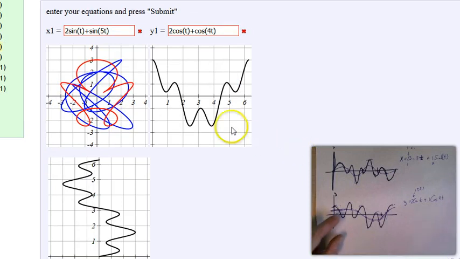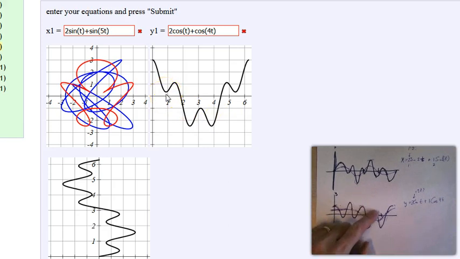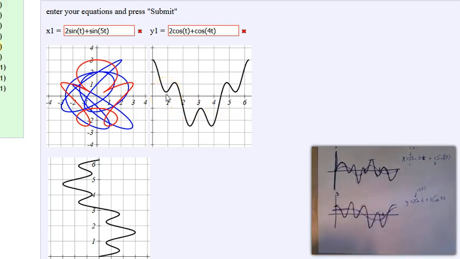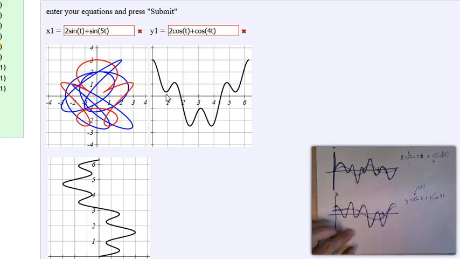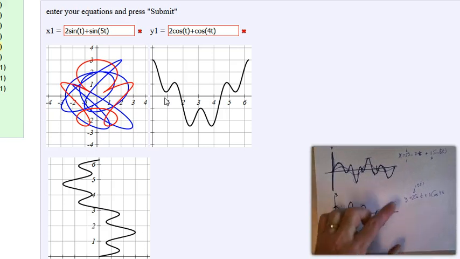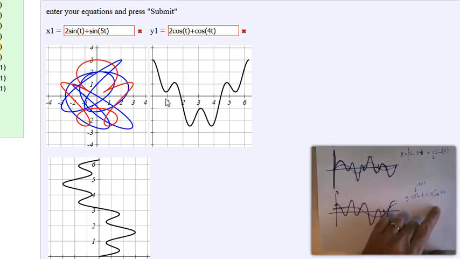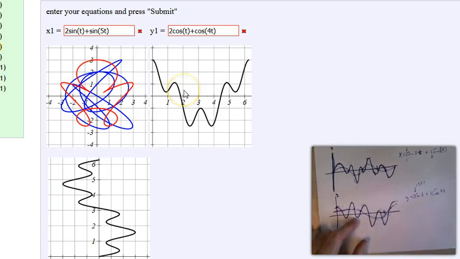So the y, 1, 2, 1, 2, 3, 4. I'm just looking to see how this even looks compared to what I have.